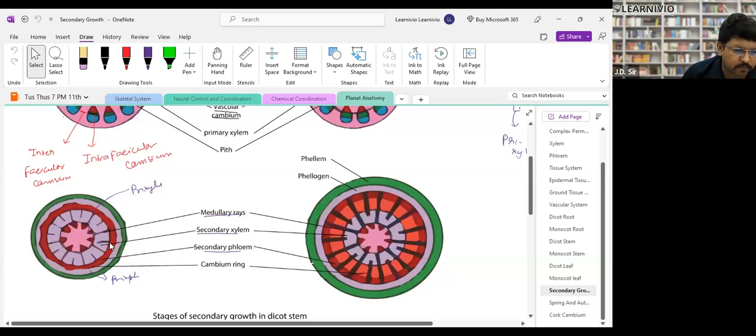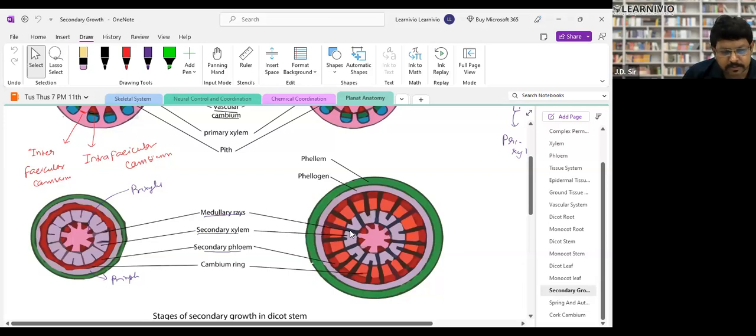Between the secondary xylem you will find these colored structures, which are basically made up of parenchymatous cells. These parenchymatous structures are called medullary rays.